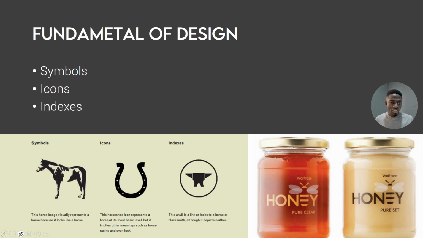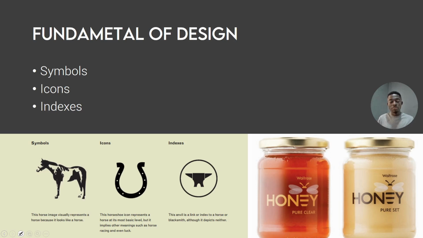The icon here is a graphic that represents the horse. Once you see the horseshoe, you know that we are looking at a horse. But an index would be, for instance, the anvil over here. It is a link to the horse and maybe the blacksmith, although it can depict neither of them.